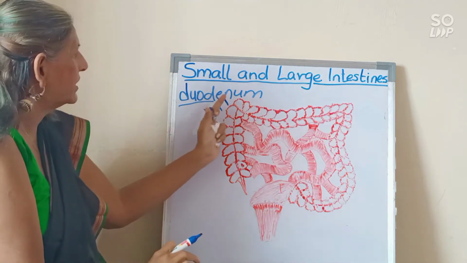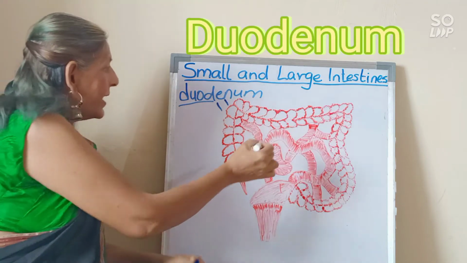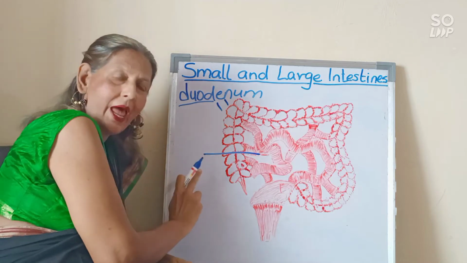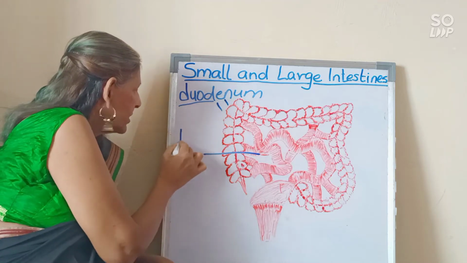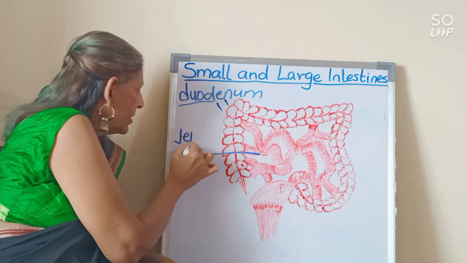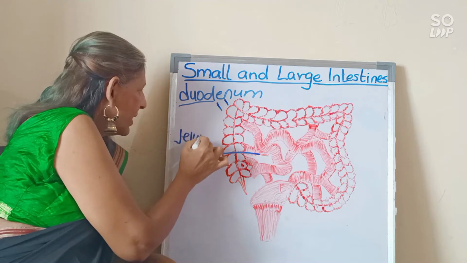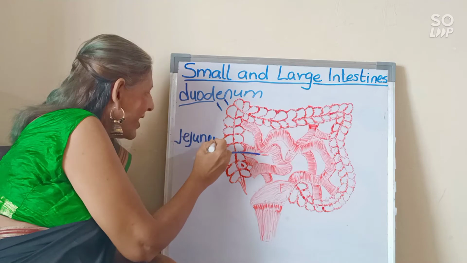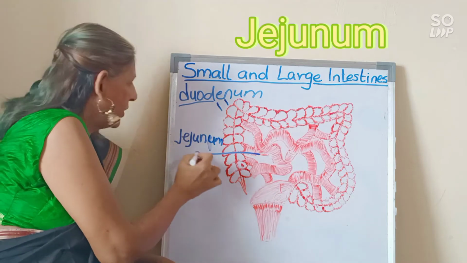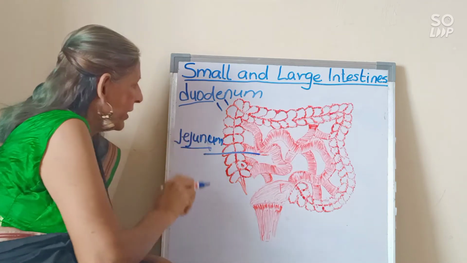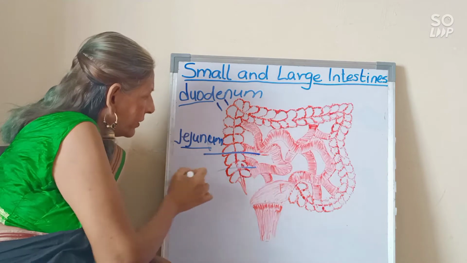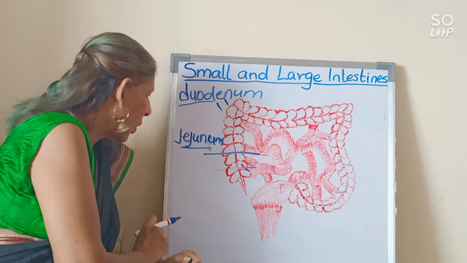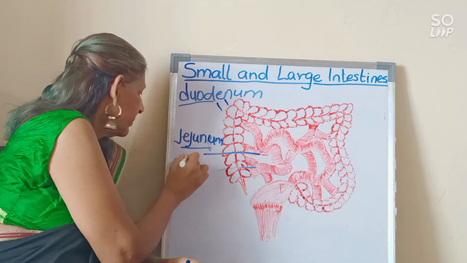And then this side, over here inside, is called the jejunum. And the little part over here, this part of the small intestine, is called the ileum.